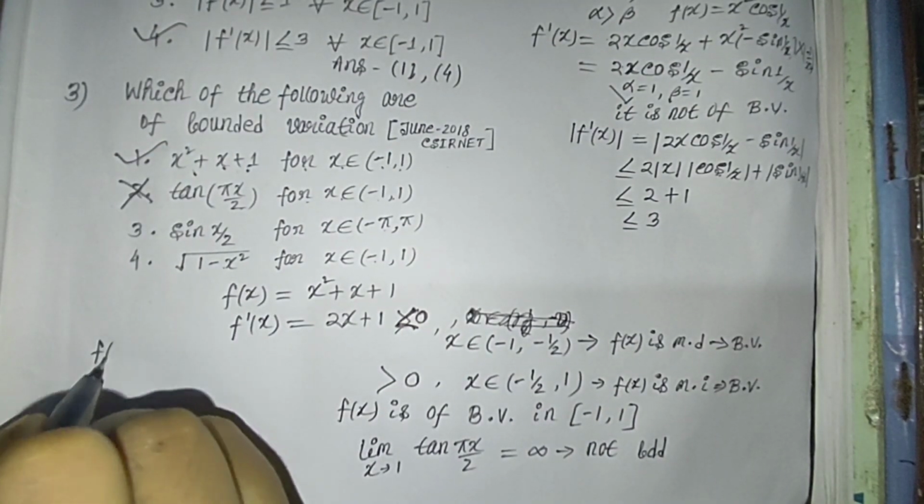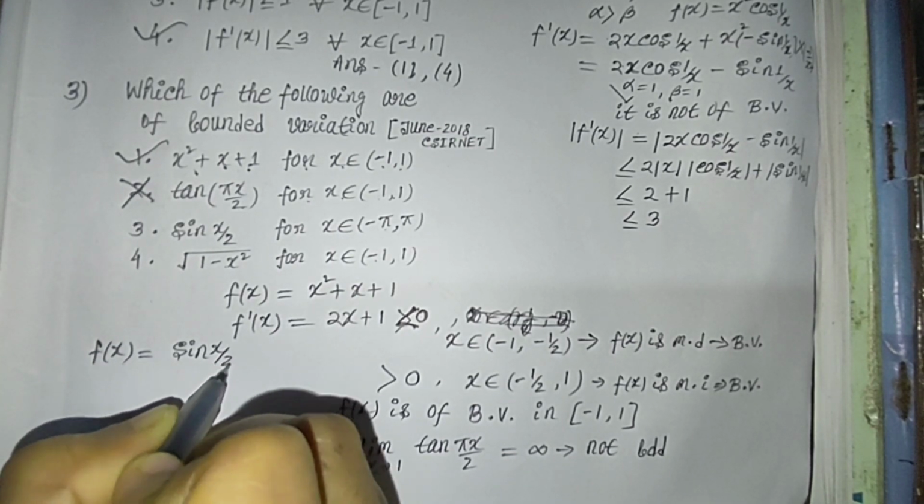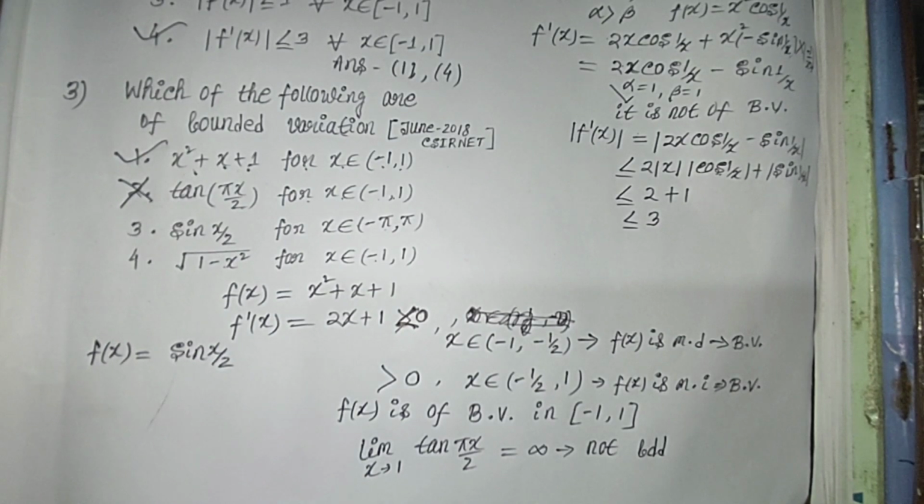Here given f(x) equal to sin x by 2. We know that a Lipschitz function is always of bounded variation.